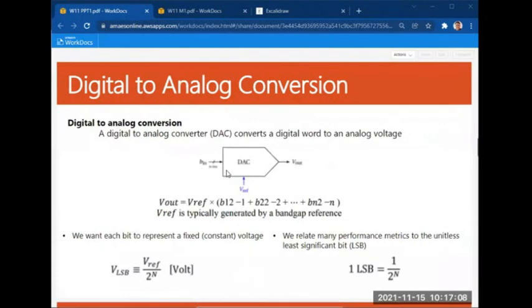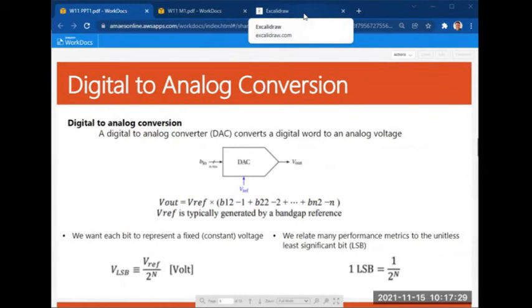We will start with digital to analog conversion. A digital to analog converter, or DAC, is a device which converts a digital word to an analog voltage. Digital data usually comes in binary, 101010.